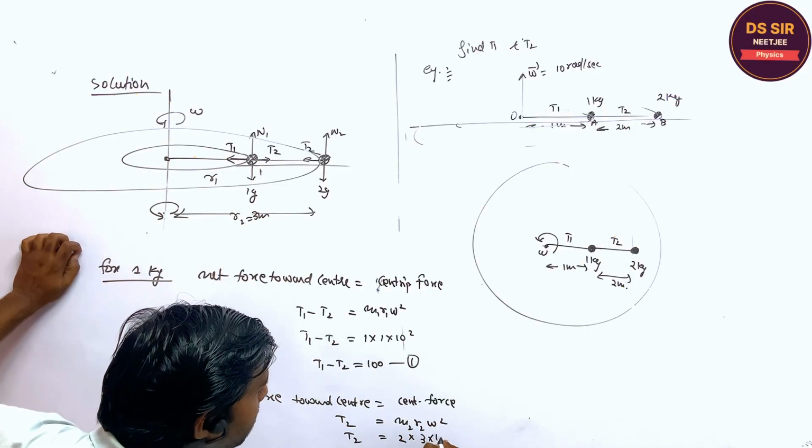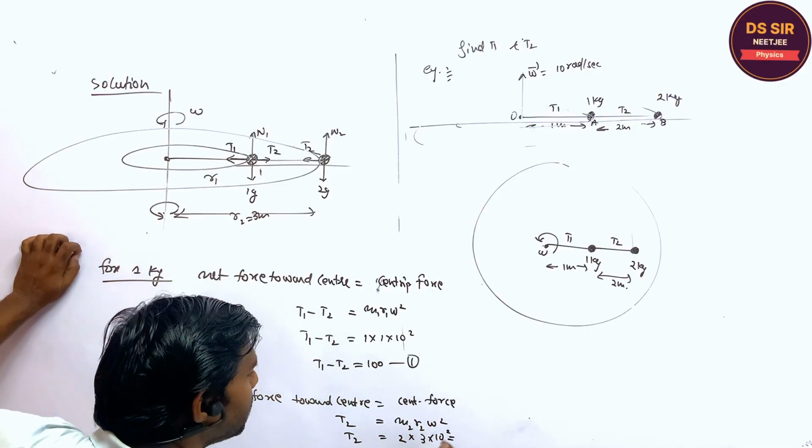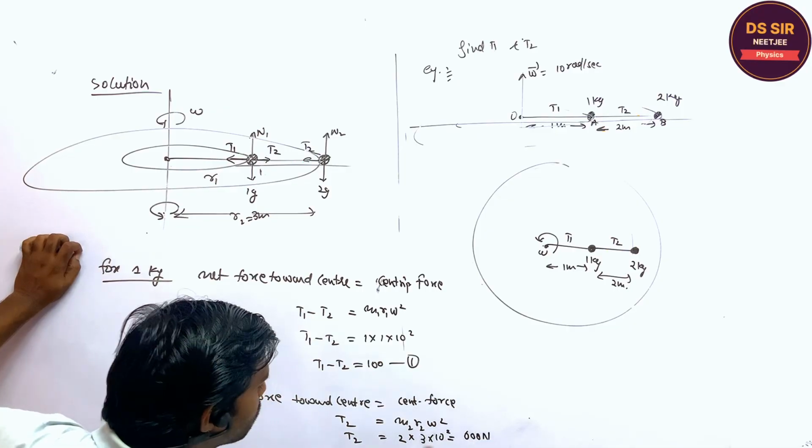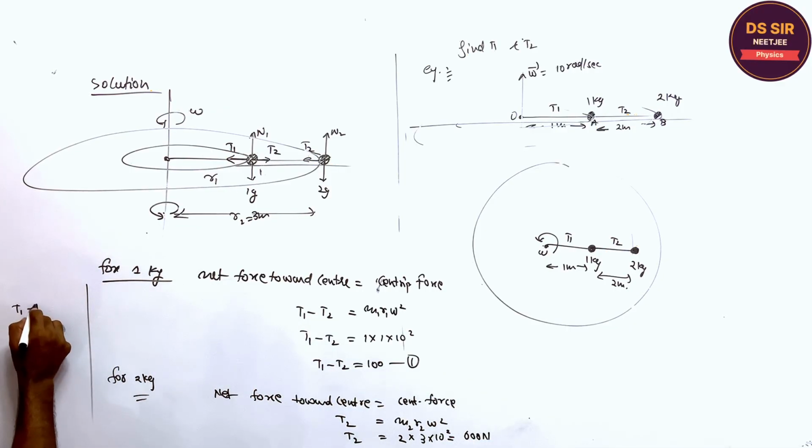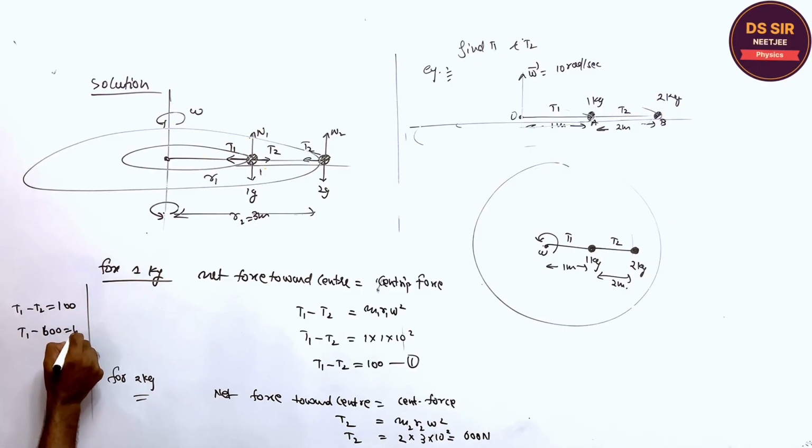Yes, omega square is 100. It is 300 into 2, 600 Newton. So T2 is 600 Newton, and therefore T1 minus T2 is equal to 100, so T1 is equal to 700 Newton, which is the correct answer. Is it clear or not?